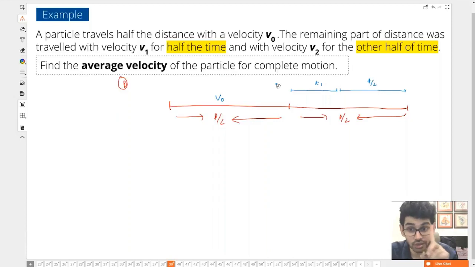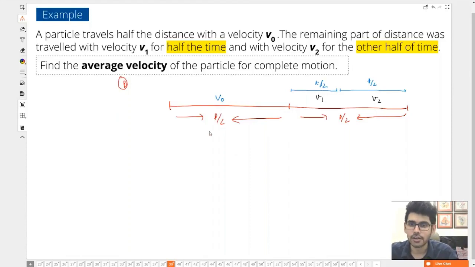It's not the total time, it's just for this half the time. So the entire time taken from the midpoint to the end is t, and this is t by 2 time. Here it was traveling with v1 for half the time and v2 for half the time. Did everybody understand this diagram?